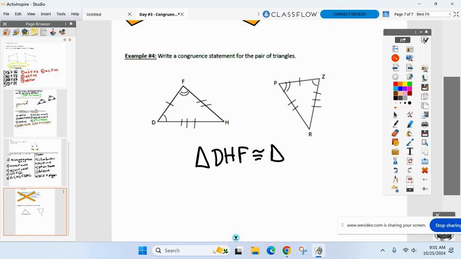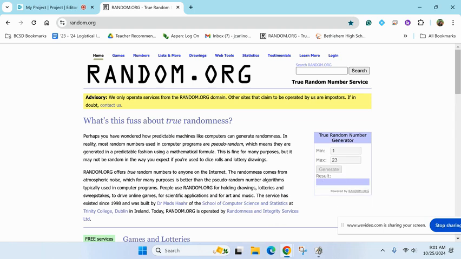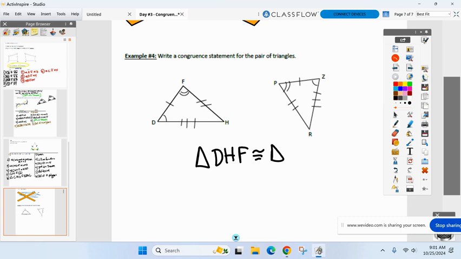If we go DHF, what do we got to go over here? Madison, what's the second triangle got to be named? Z, what was the second letter?